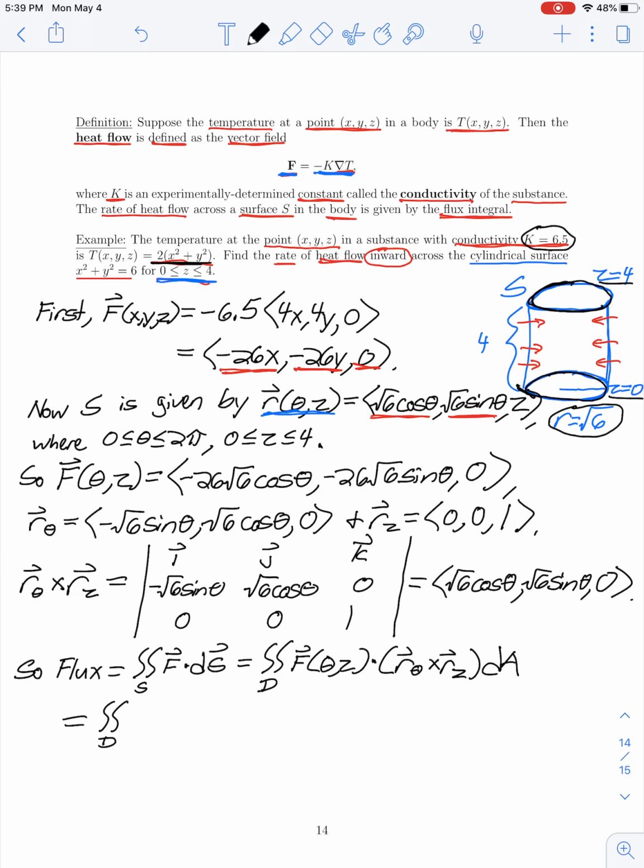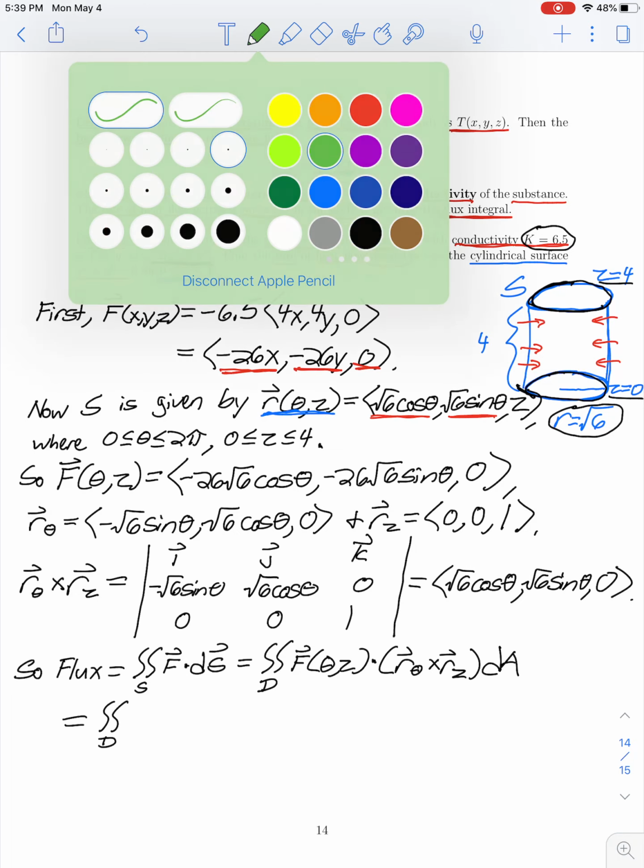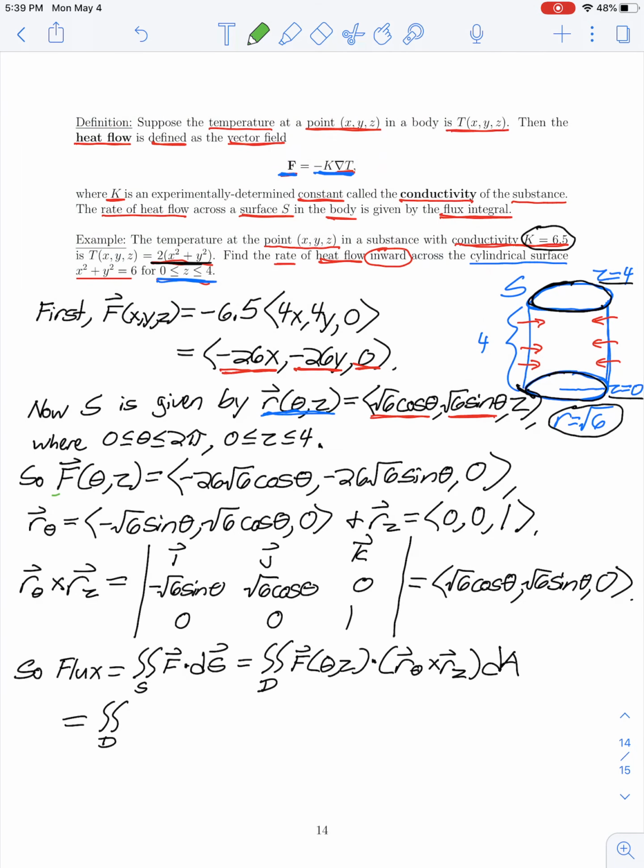Here, taking the dot product of these two vectors, well, we had our vector field in terms of theta and z given here, and the cross product of r theta and rz given here.